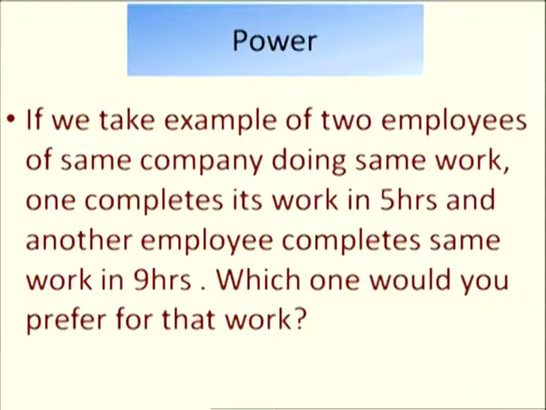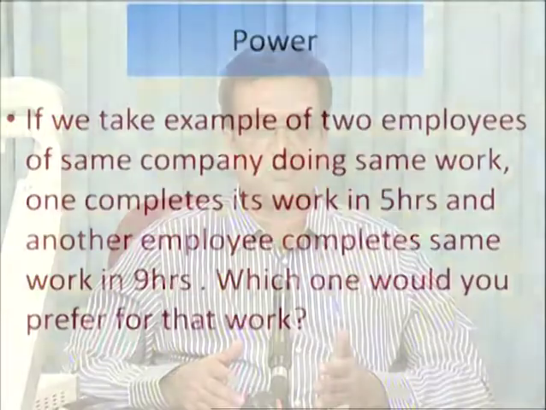If we take the example of two employees of the same company doing the same work, one completes its work in 5 hours and another employee completes the same work in 9 hours. Which one would you prefer for that work? Because both are doing the same work, so we can say both are capable of doing that work, but one completes the work very quickly and one completes its work at a slower rate.